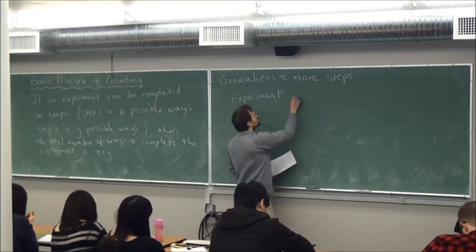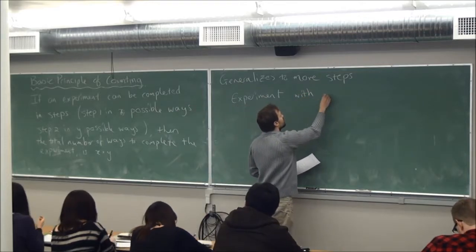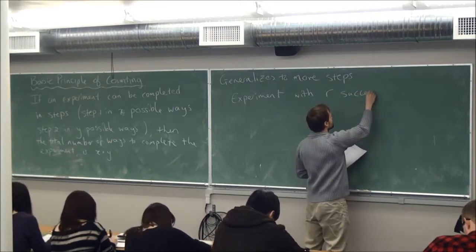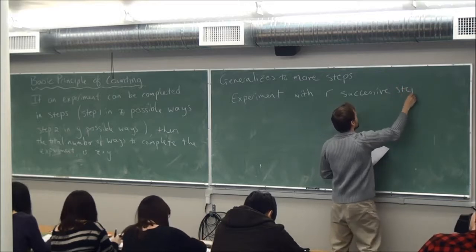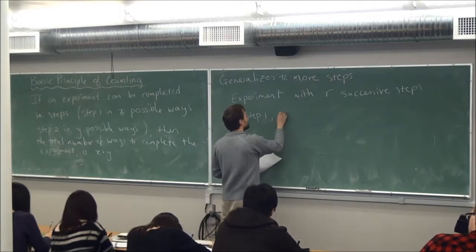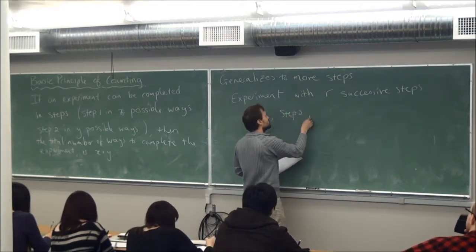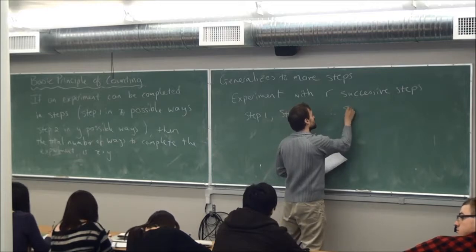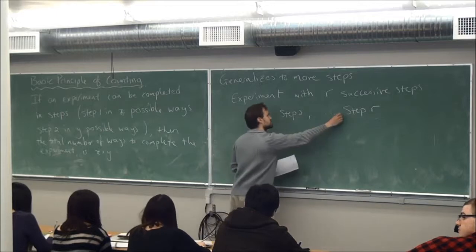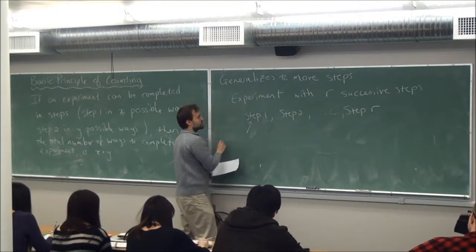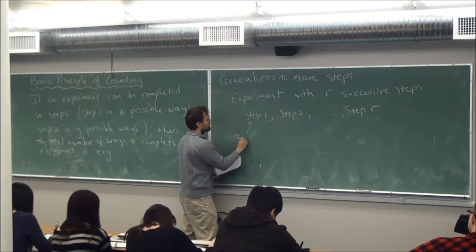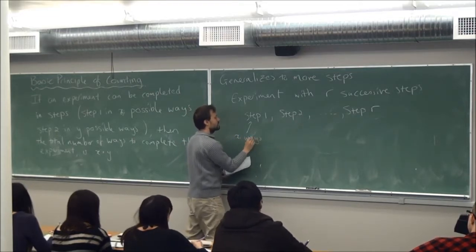Let's suppose I have an experiment with, let's say, R successive steps. Let's say step 1, followed by step 2, followed by all the steps 1 at a time, all the way to R steps. Let's suppose step 1 can be completed in X1 different ways.